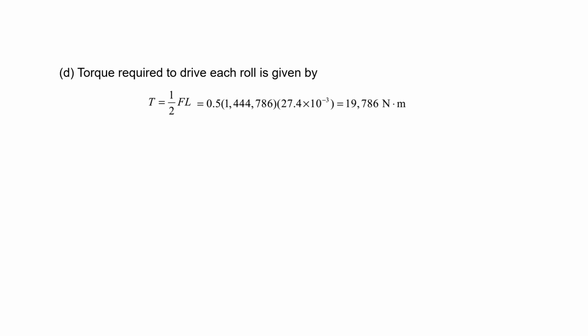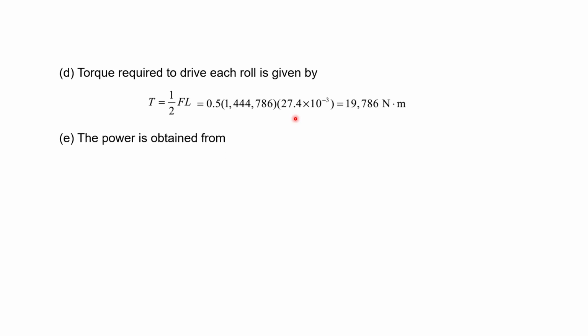And that's to be multiplied by the 27.4 millimeters. And to change it to meters, we need to divide that by 1,000. So the answer is going to be 19,786 Newton meter. Now it's very important to remember that we have the value in millimeters to be changed to meters.